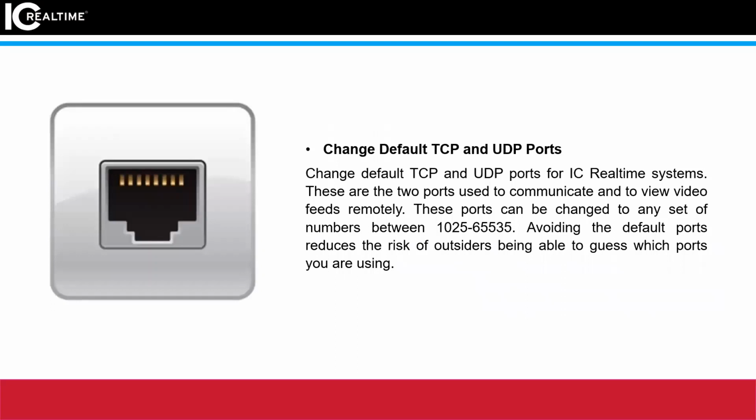Now, if you do have to port forward, you may want to change the default TCP and UDP ports, which is all you need to port forward. You don't need to port forward HTTP, especially since you have a replicated interface in Smart ICRSS remote client software that will allow you to troubleshoot any issues or make any configuration changes both locally and remotely.